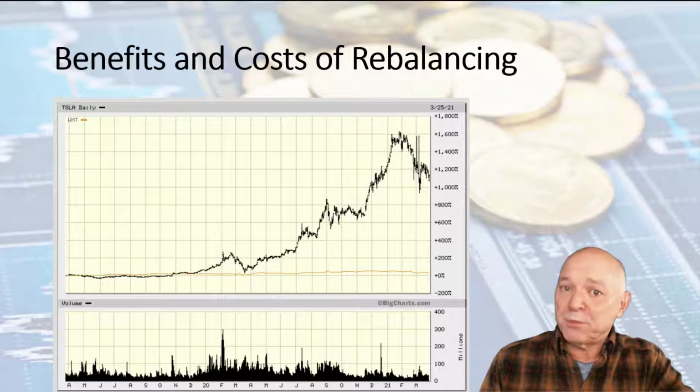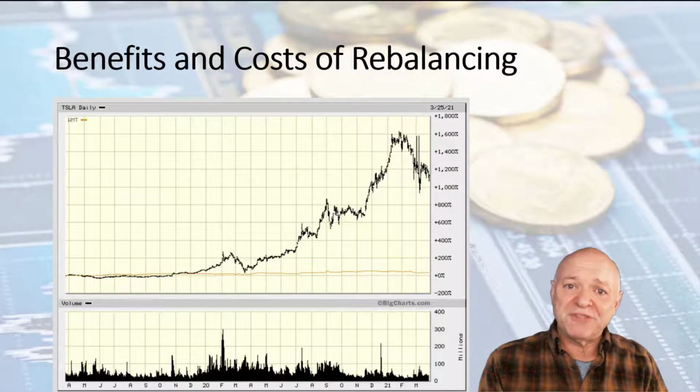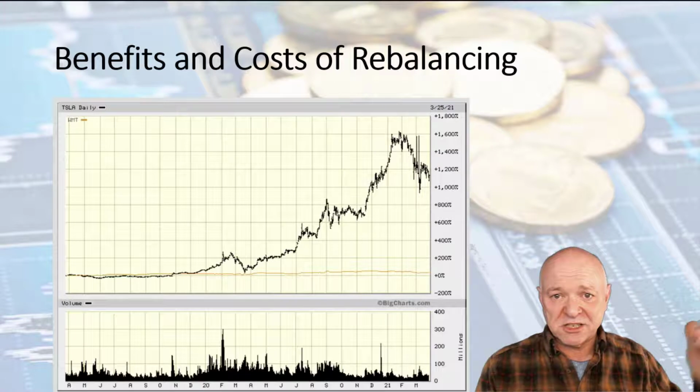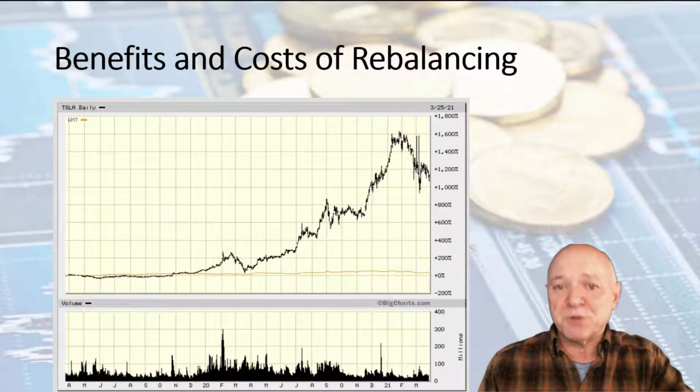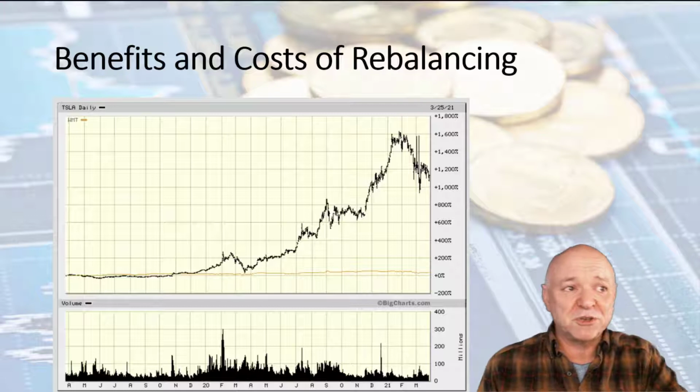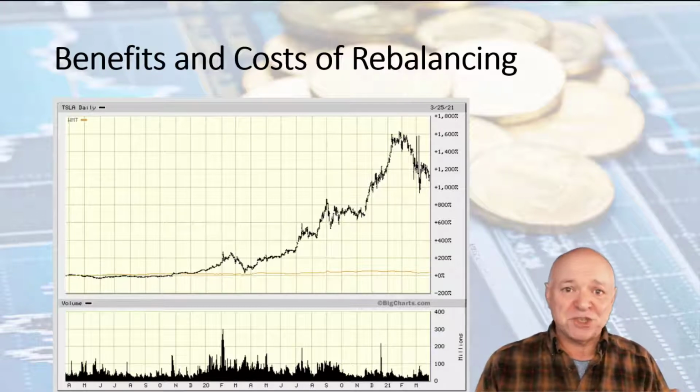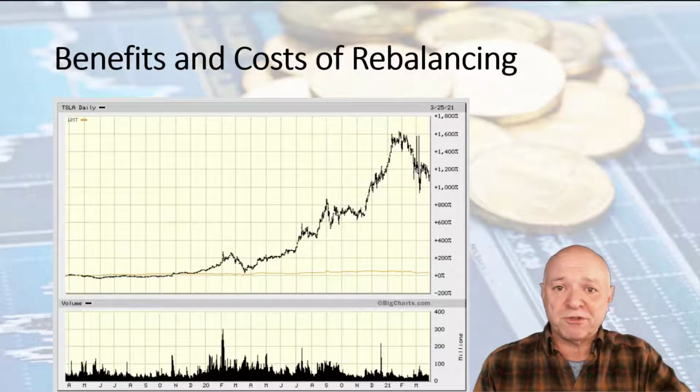Now, the problem here is that your original 50-50 allocation, Tesla and Walmart, has now shifted, so you're now more than 90% invested in Tesla and 10% still invested in Walmart. So the Walmart investment hasn't changed, but the percentage of the portfolio has.